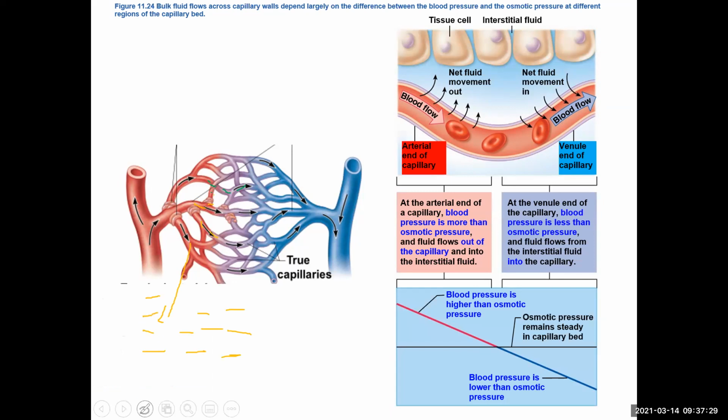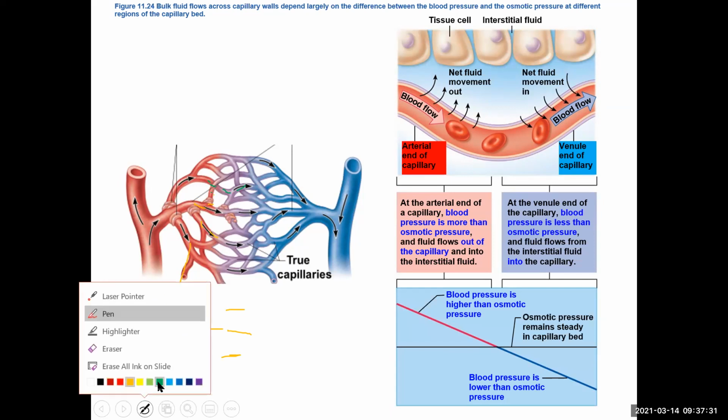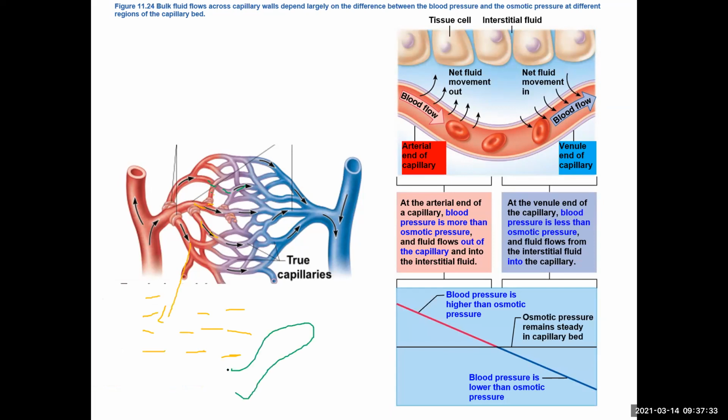When this fluid was taken in by the lymphatic capillaries, when this fluid entered from the interstitial fluid into lymphatic capillaries, we call this fluid lymph.